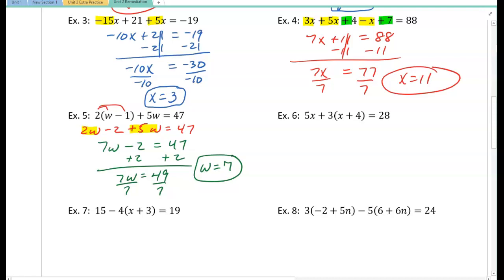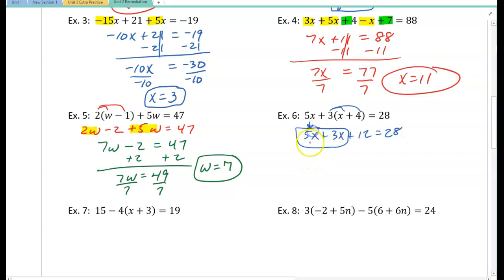So our approach doesn't change. We look for parentheses and any distributing that needs to be done, and then we look for combining like terms. So example 6, I see parentheses, so I know I have to distribute. So I bring down the 5x, plus 3 times x is 3x, 3 times 4 is plus 12, equals 28.